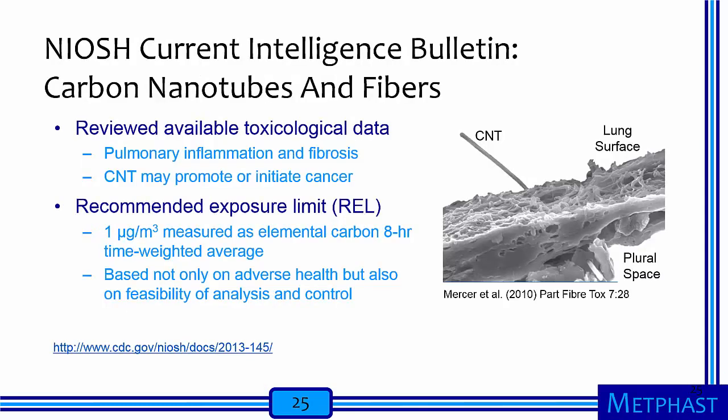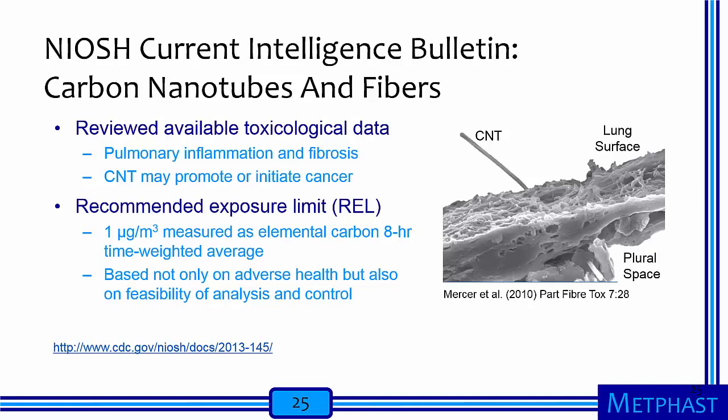In 2013, they issued another current intelligence bulletin, this time for carbon nanotubes and fibers. Toxicological data showed increasing pulmonary inflammation and fibrosis with dose to carbon nanotubes and fibers. It also showed evidence that carbon nanotube exposure may promote or initiate cancer, the first stage of which is depicted in the figure at right.